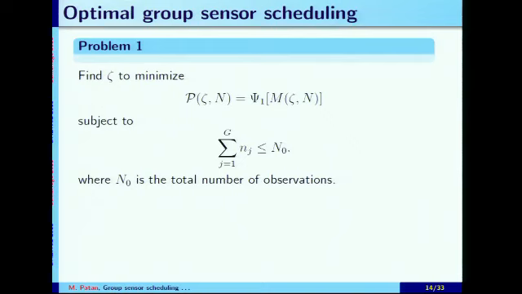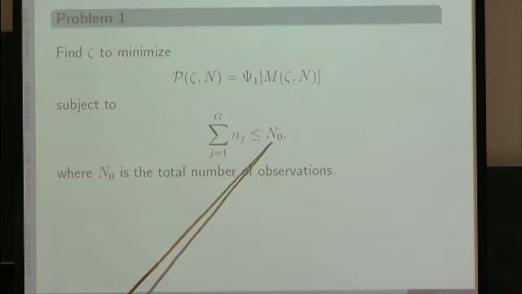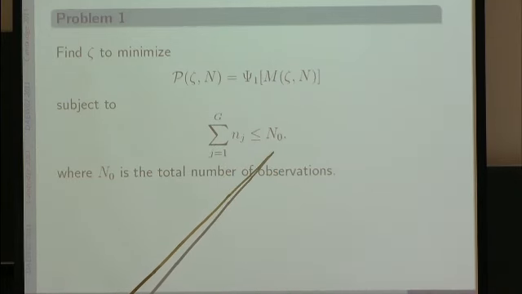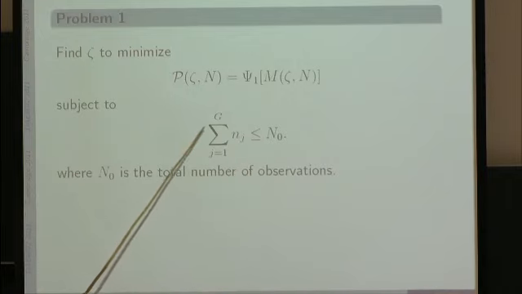We have to put in additional assumptions because the solution otherwise will be unbounded. We have to put the constraint that the maximum number of measurements is limited.